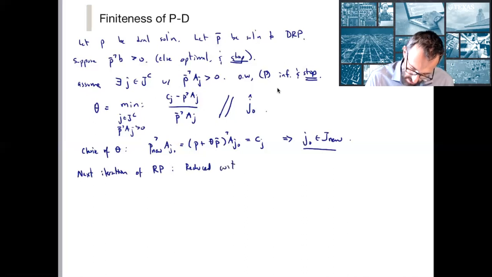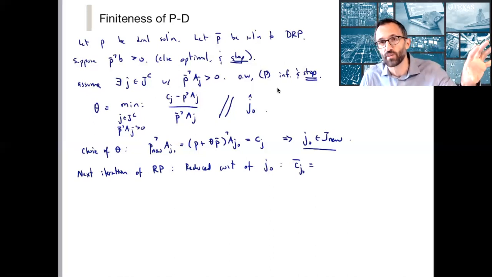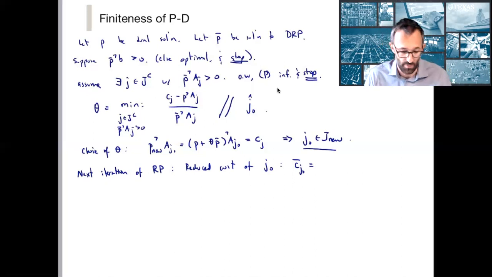Reduced cost of the new column j0 is cj0 bar. Again, it's equal to the cost in RP. Remember that all of the original variables are assigned cost 0 in RP. So it's 0 minus p bar transpose aj0. Why p bar?